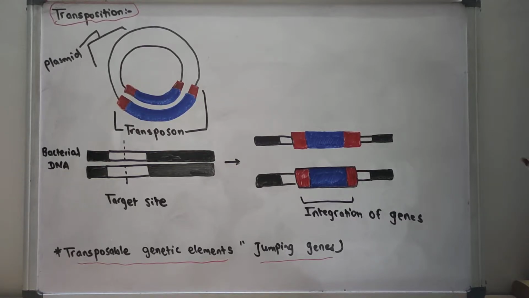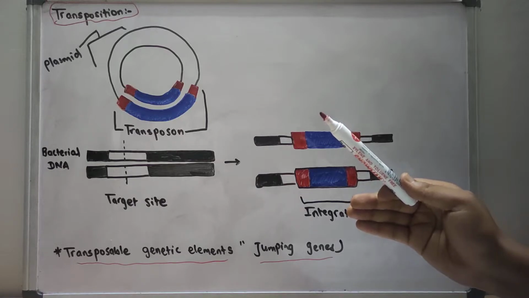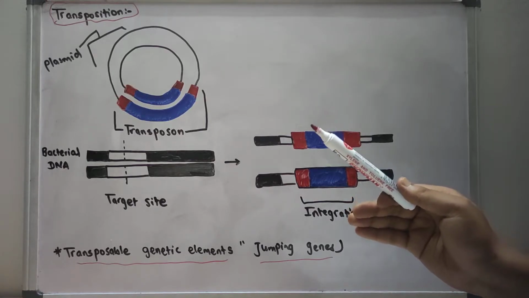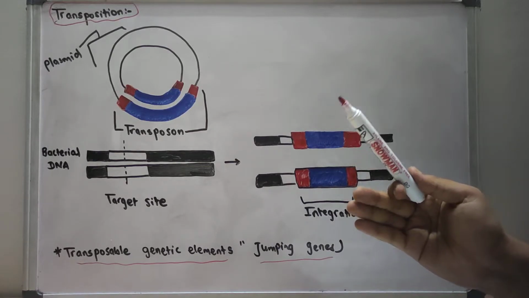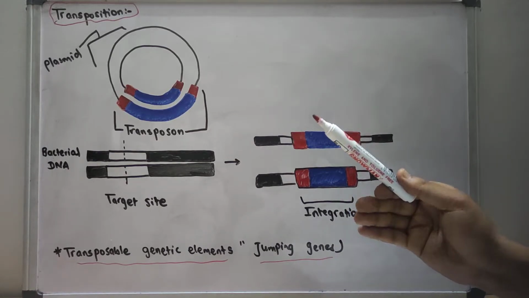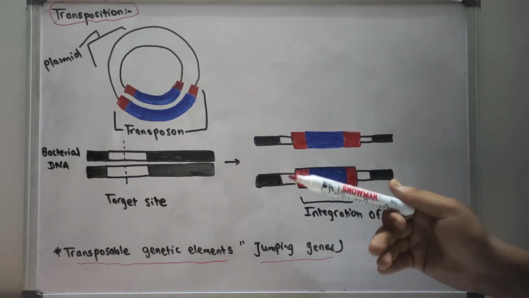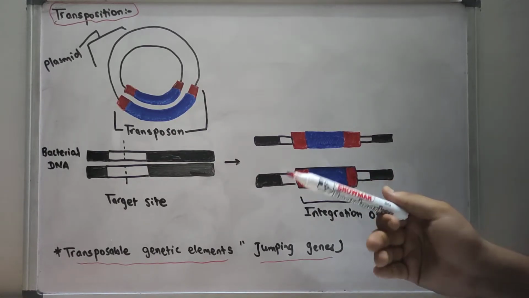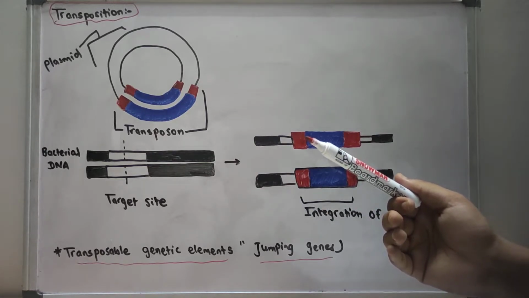So a jumping process involving a transposon. The transposon is a specialized segment of DNA. So it can copy and excise itself and then insert into the same DNA molecule or an unrelated DNA molecule. That DNA molecule could be the plasmid or chromosome.